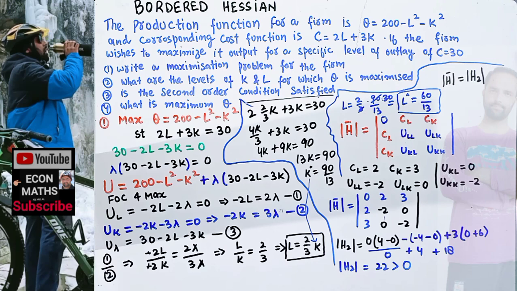So what is meant by this? And let me explain it here. Here we got the value, since our second bordered principal minor is greater than 0, when the second bordered principal minor is greater than 0, we say it is negative definite.